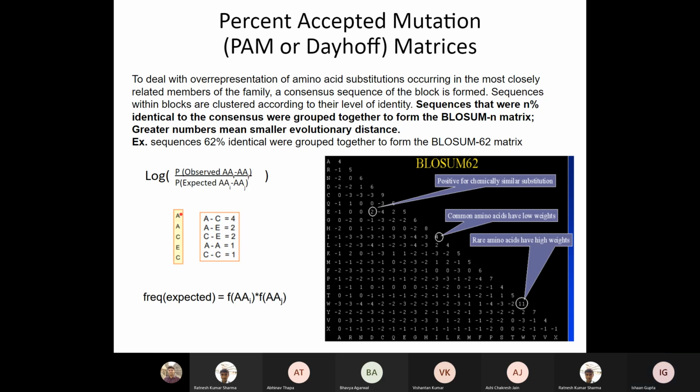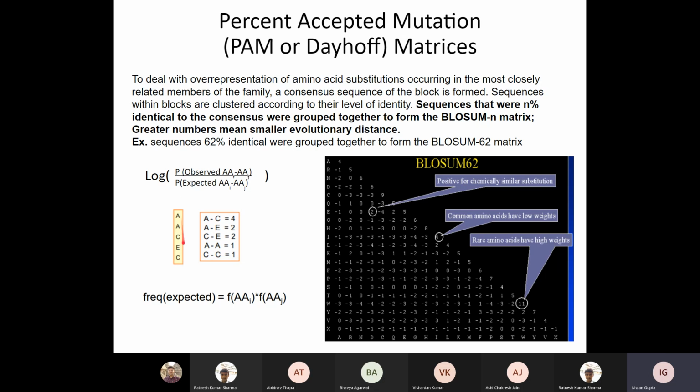So here, can you tell me what this would be? If we just look at these 5 amino acids, and we are only talking about this particular location, what kind of BLOSUM matrix would this be representing? How much percentage identity does it have to the consensus sequence?